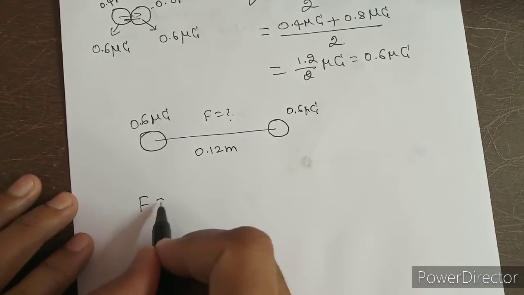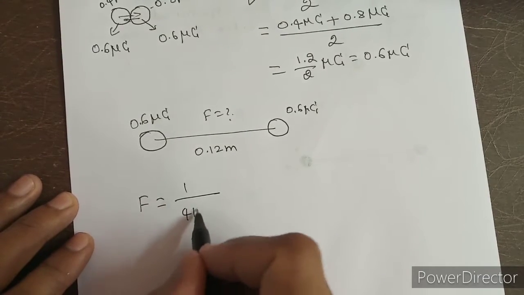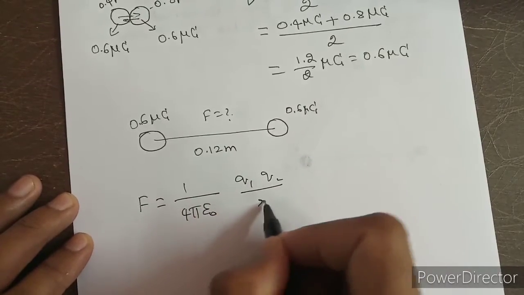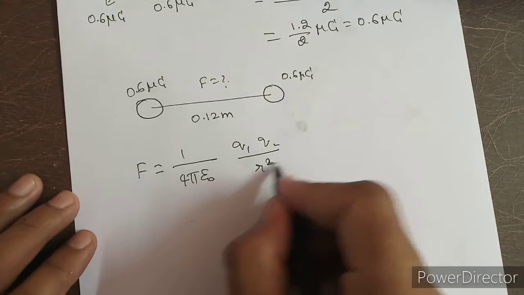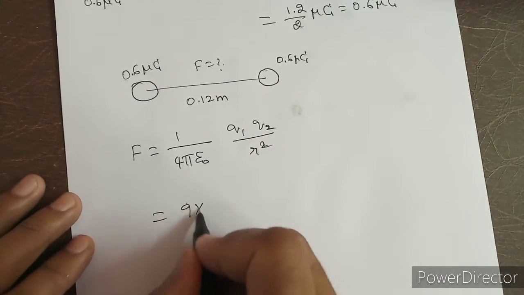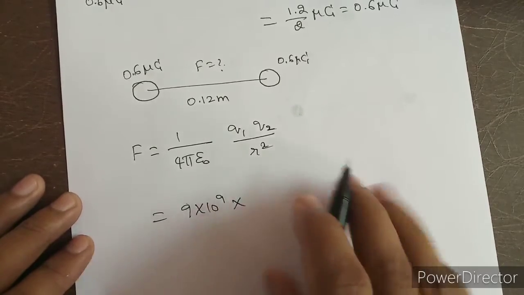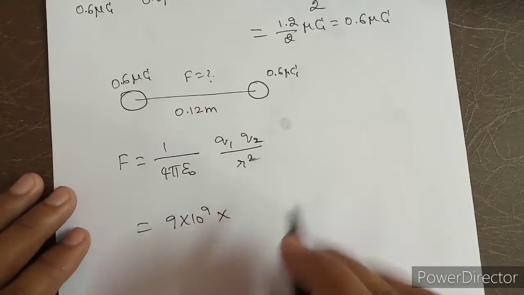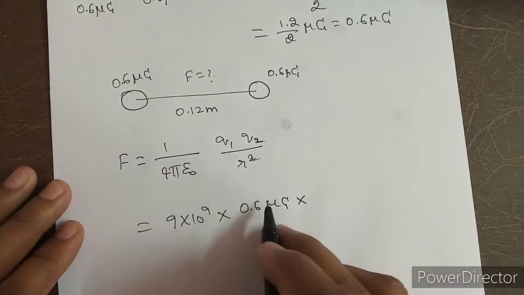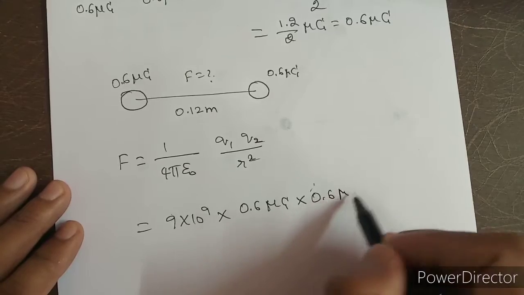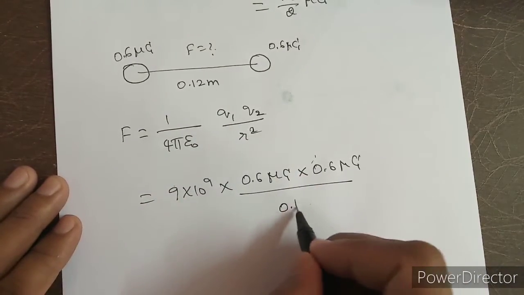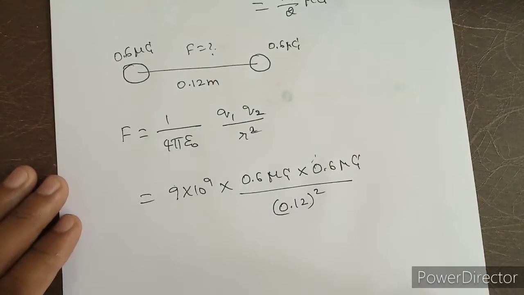So F is equal to 1 over 4 pi epsilon naught Q1 Q2 by R square. Okay. Now 1 over 4 pi epsilon naught is how much? 9 into 10 to the power 9 into Q1 0.6 microcoulomb into Q2 same 0.6 microcoulomb divided by the distance between them 0.12 whole square, R square, right?